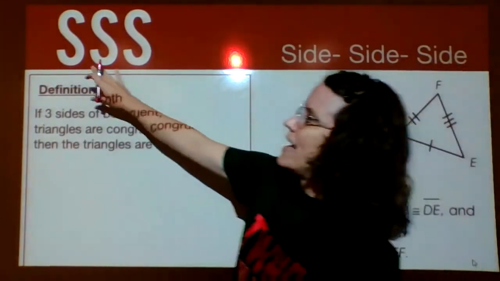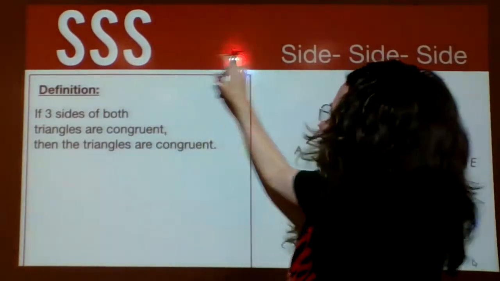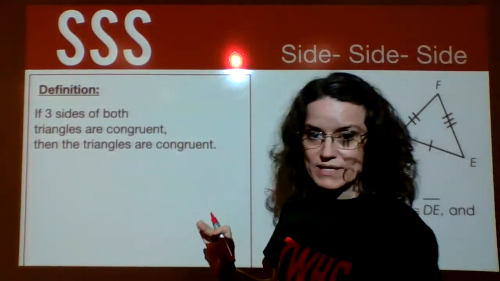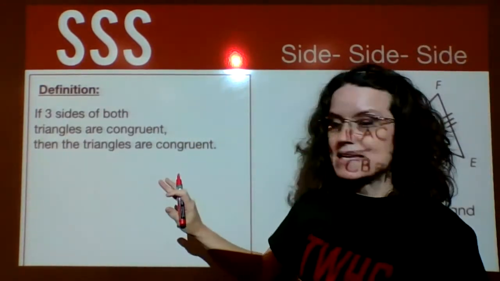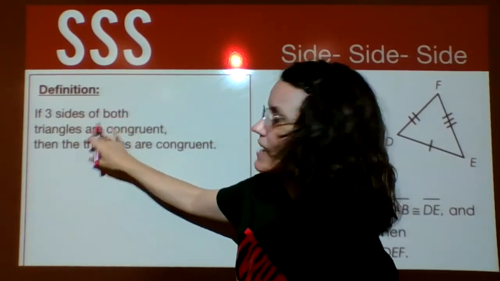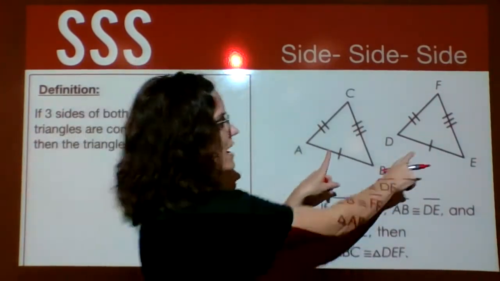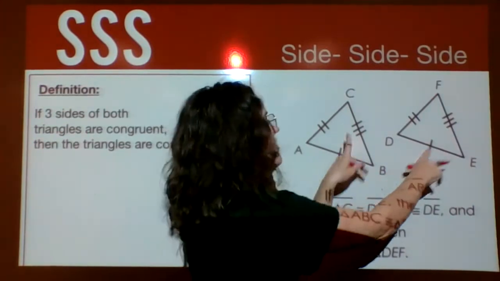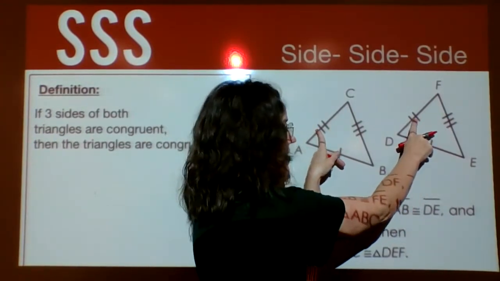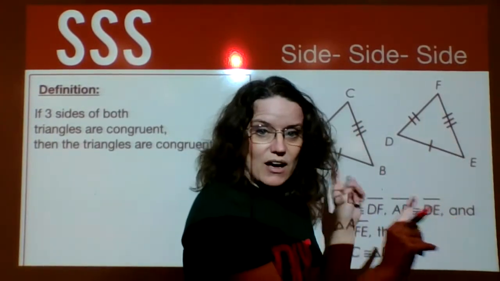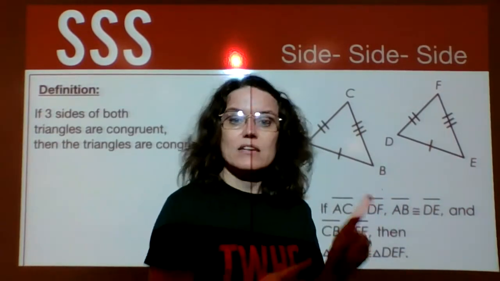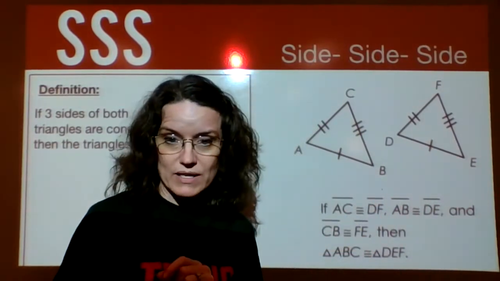Okay? So SSS is short for the side, side, side congruent setup. And what that means is if 3 sides of the triangles are congruent, then the triangles are congruent. So if you have a side, and then another side, and then a 3rd side, all being congruent, then you can say the triangles are congruent.